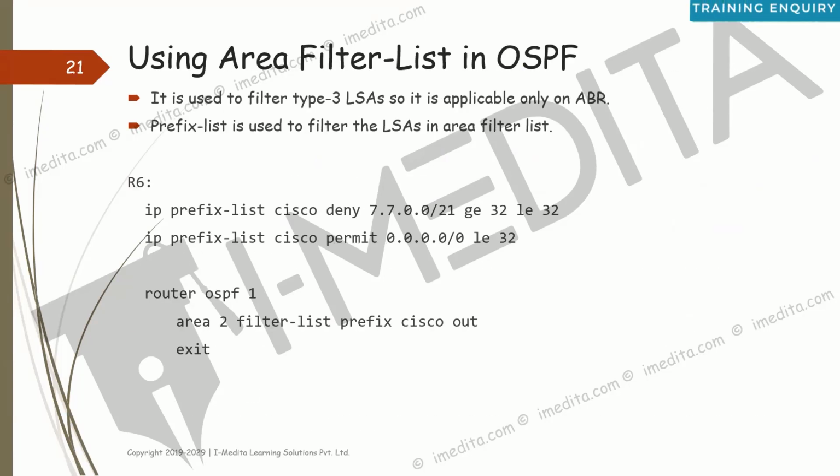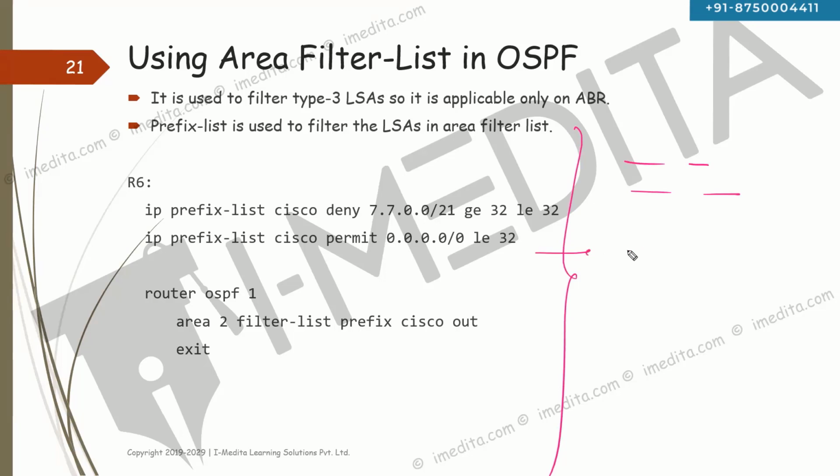So as you can see, prefix list has a lot of use cases. Prefix list can be used to filter the route. Prefix list can be used to filter the LSAs. Prefix list can be used to filter the gateways. We have different use cases of the prefix list, but we still do not have the option to match any two random IPs.